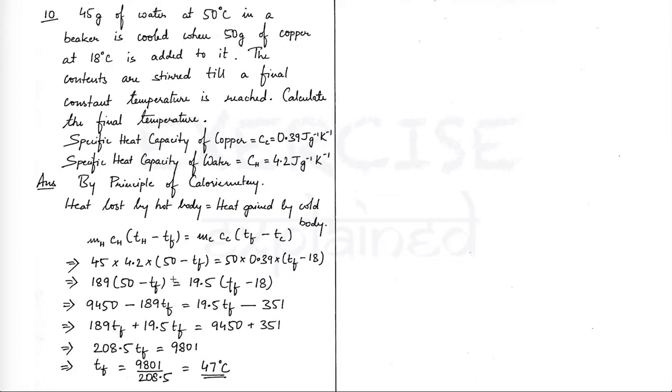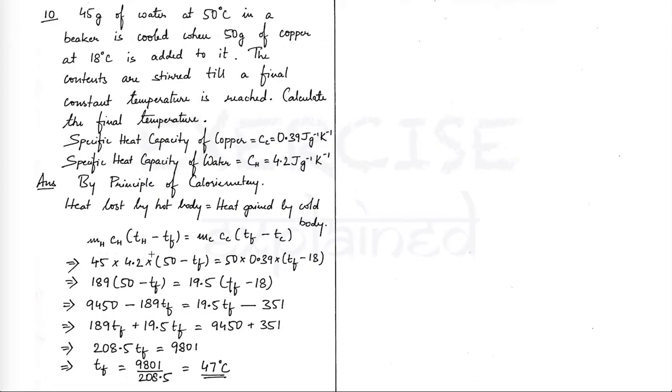So is equal to mass of cold body, given as 50 grams, into 0.39, the specific heat capacity of copper, or specific heat capacity of the cold body, into delta T for the cold body, which will be final temperature minus cold body temperature, that is TF minus 18.